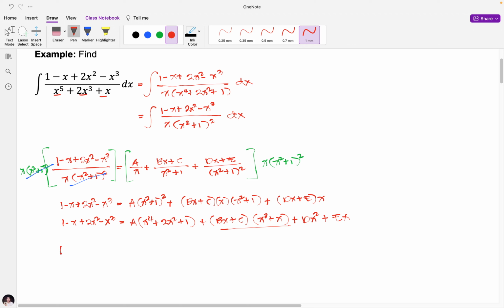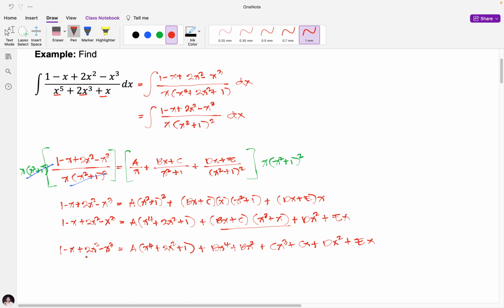So let's simplify further or expand this one here. So this is now 1 minus x plus 2x squared minus x cubed equal to A times x raised to 4 plus 2x squared plus 1, plus bx raised to 4 plus bx squared plus cx cubed plus cx plus dx squared plus ex.